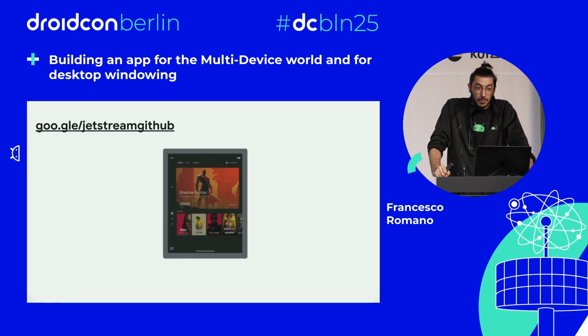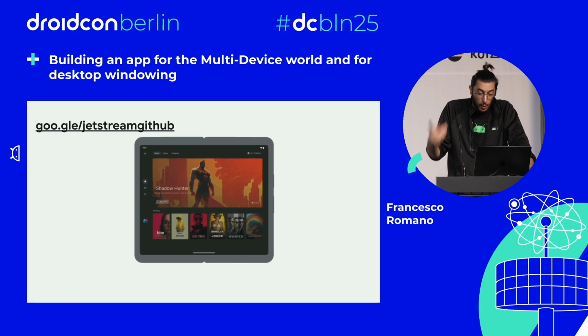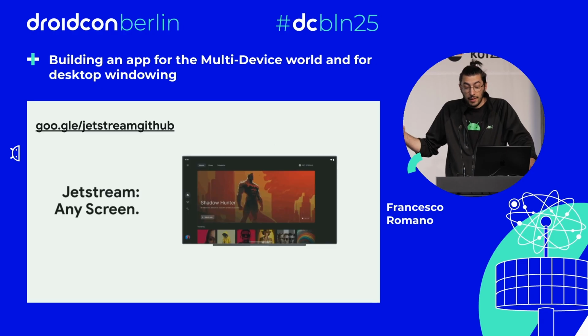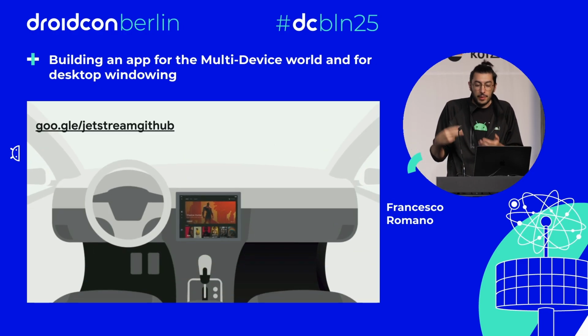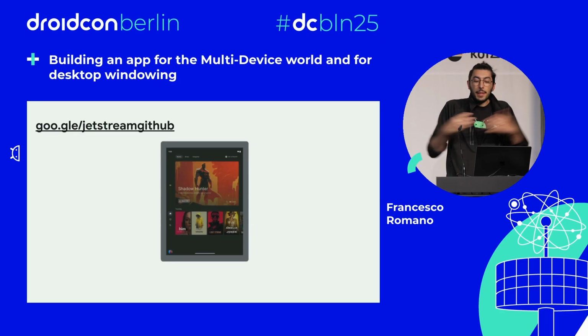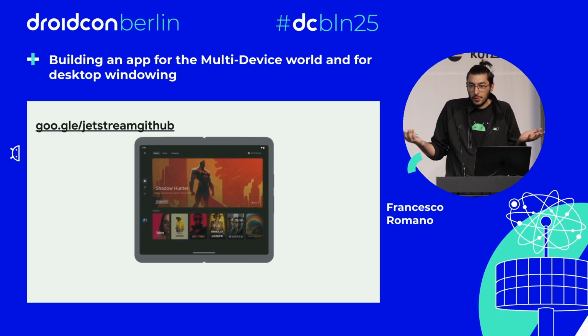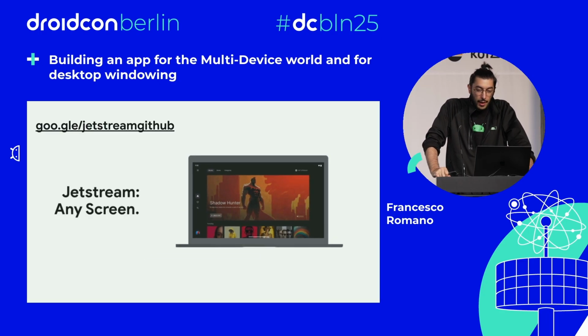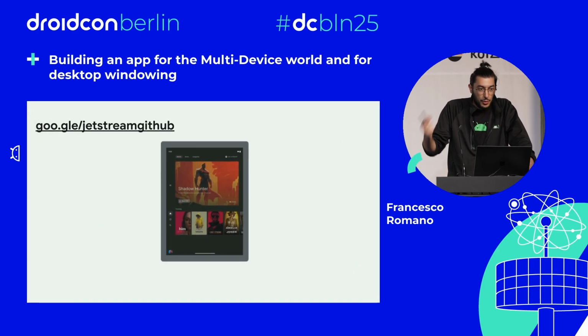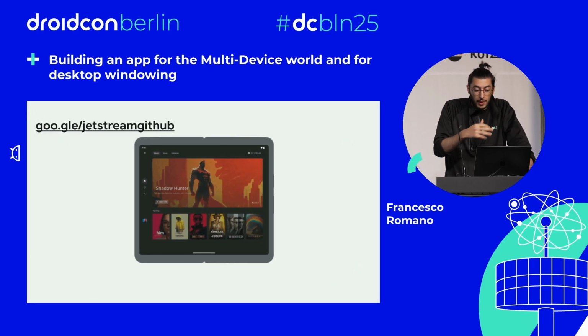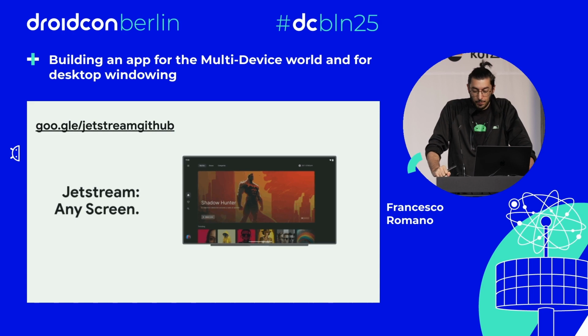Earlier this year, my team took Jetstream, which is an open source app initially designed for TV, and used the new Compose libraries to extend it to basically all the Android form factors. And if you attended Roberto's talk yesterday, you already know that. Otherwise, go check it out, as he explored this process in more detail.